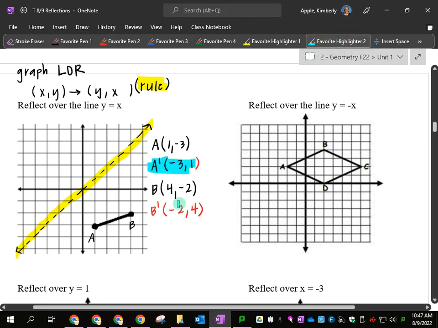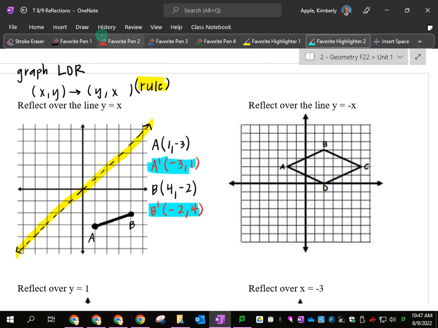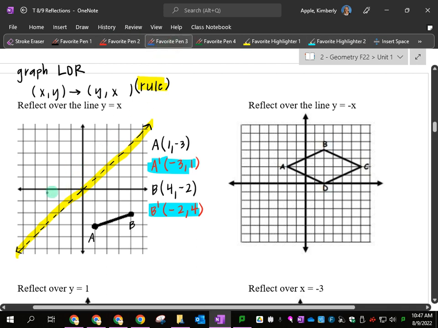And so now let's go plot those and see what that reflection actually looks like. So A prime is -3, 1, and B prime is -2, 4. So we just flipped it over.